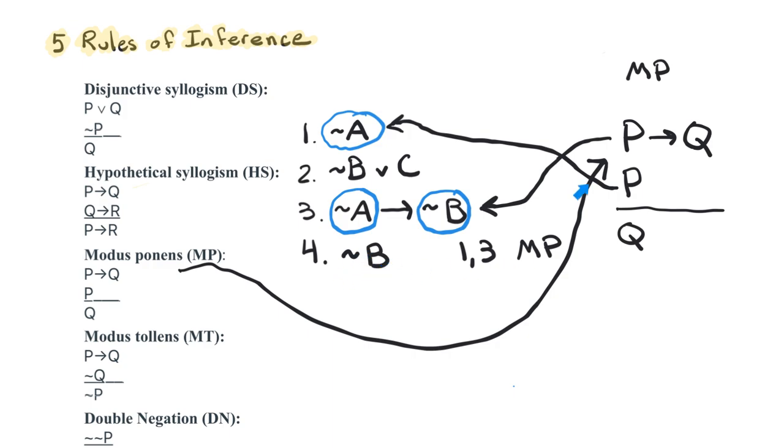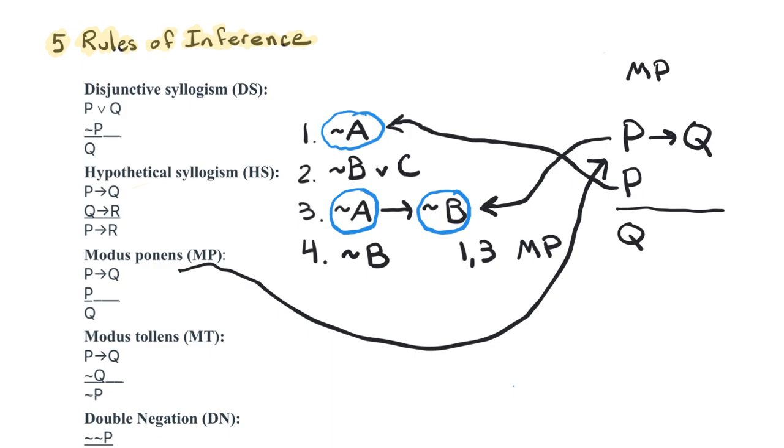We just have to be used to not just recognizing the generic form and the P and Q, where you have the conditional on top, then the affirmation of the antecedent in the second premise. You have to be able to recognize it among a set of other claims, including when you have the antecedent or the consequent being negated, because this whole term is the antecedent. This whole term, including the tilde, is the consequent. And the antecedent shows up here.